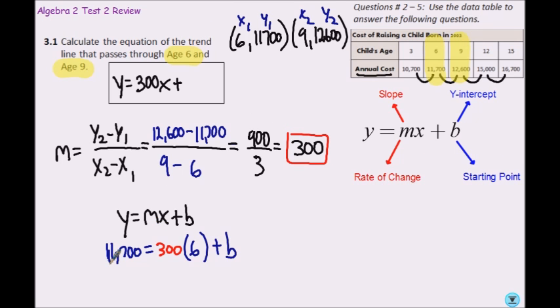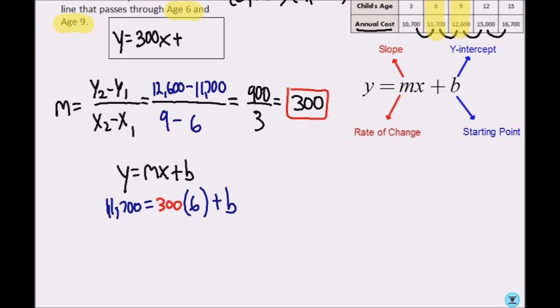So 11,700, let's go back down. So 300 times 6, well, that gives me 1,800, plus b. And then I'm going to subtract 1,800 from both sides. So minus 1,800.